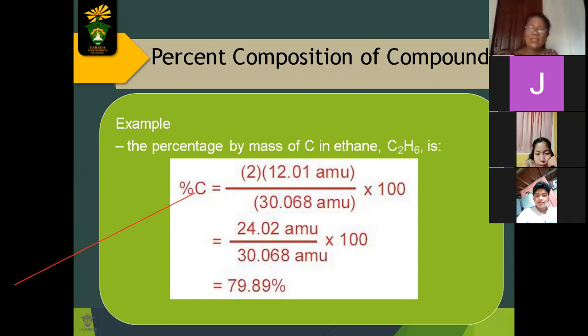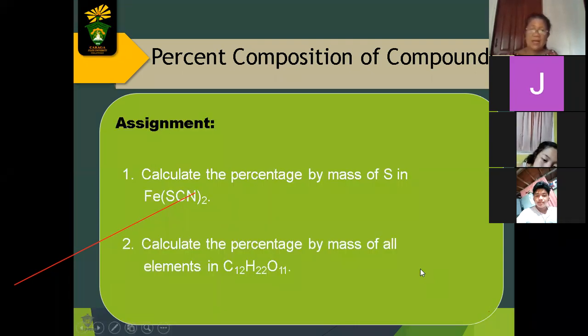So 20.11% is the percentage composition of hydrogen in ethane, and 79.89% for carbon.